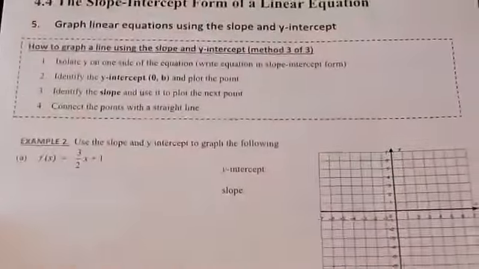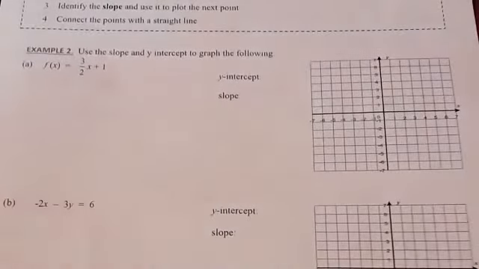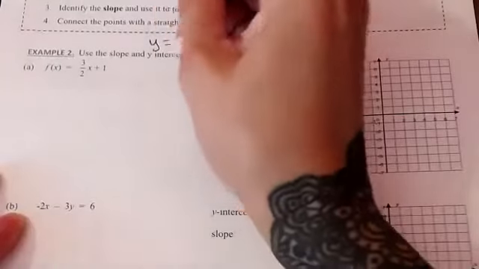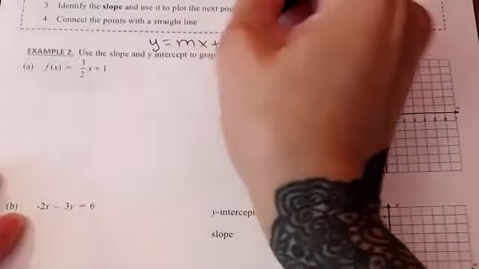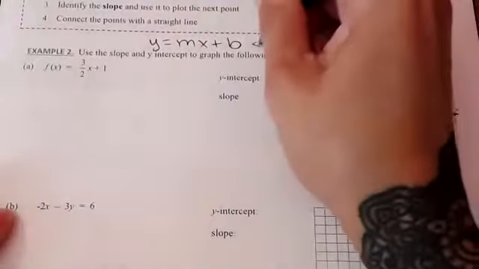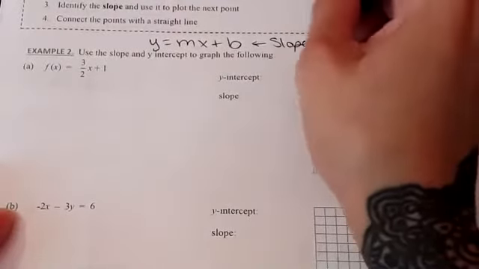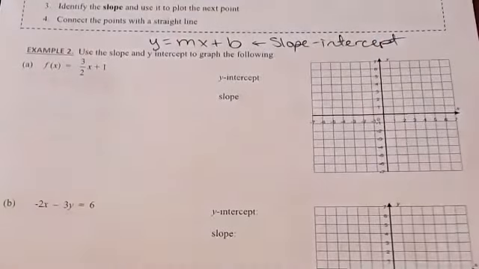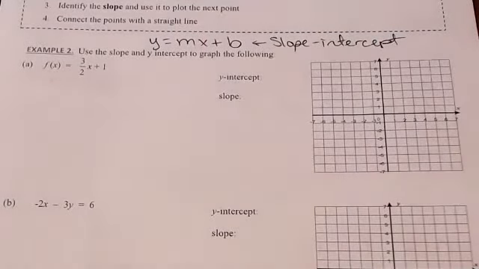Okay, well then, graphing with the slope-intercept form. When you have your function y is equal to mx plus b, that's the slope-intercept form. This is what we're used to from 098. Tiana, what's your y-intercept and what's your slope?